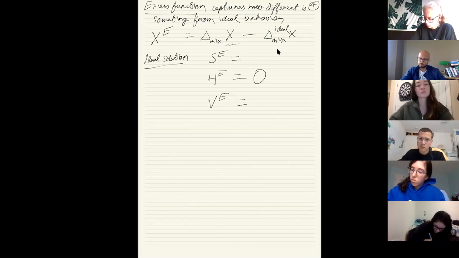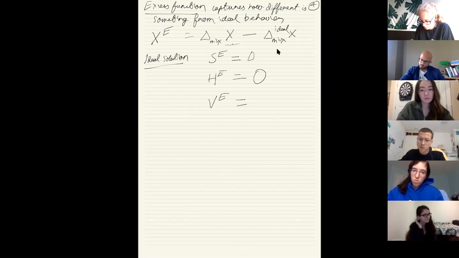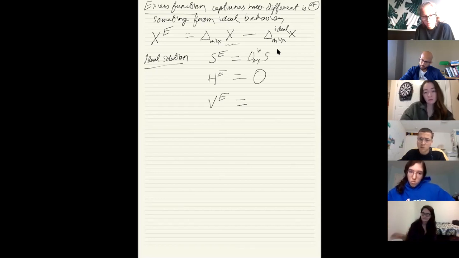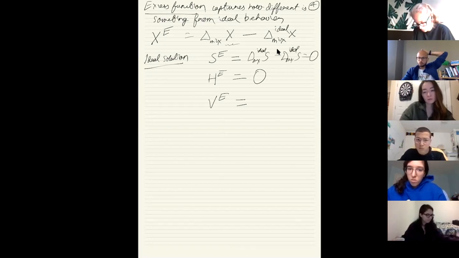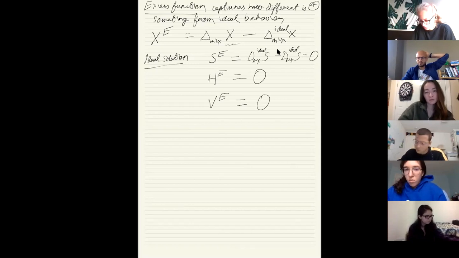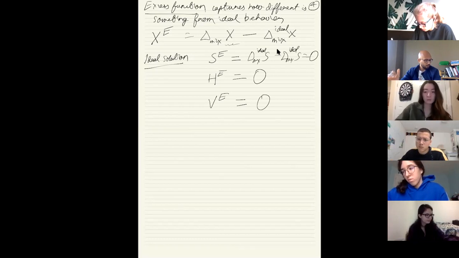So for an ideal solution, excess enthalpy is also 0 because we are just calculating delta mix S ideal minus delta mix S ideal. It's going to be 0, right? Everything is 0 per construction. There is no magic over here. The excess enthalpy, the excess entropy, the excess volume, any state function that you can think of is going to be 0 for an ideal solution.